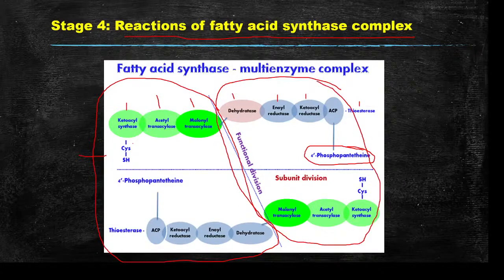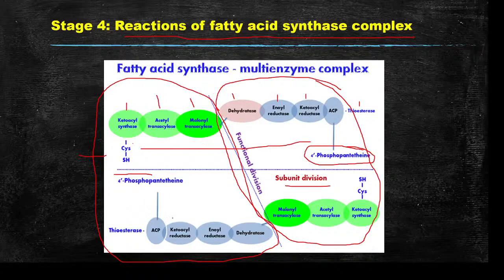So this fatty acid synthase complex can be categorized into subunit division, where the upper part is considered to be one monomer and the lower part of the dimer is considered to be the other monomer. Dimer means one half of the molecule is identical to the other half.